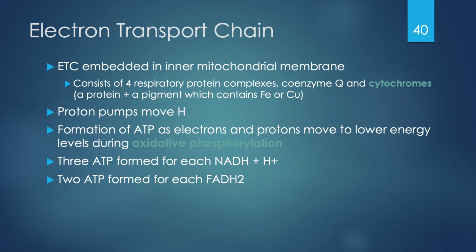So again, we're using oxidative phosphorylation because we want to have a slower step-by-step process rather than one big burst. So for each NADH, we're going to get 3 ATP molecules, and for each FADH2, we're going to get 2 ATP.